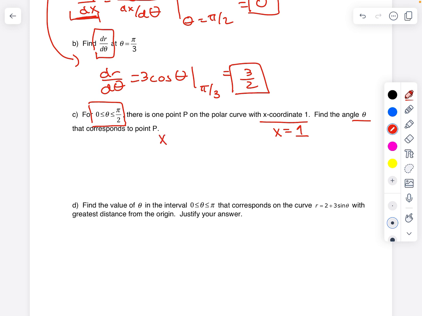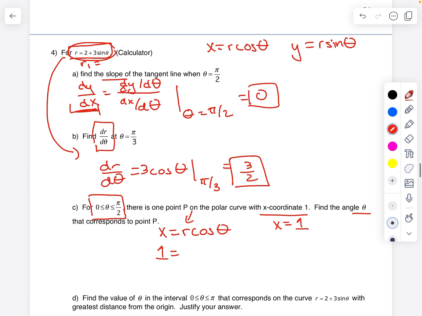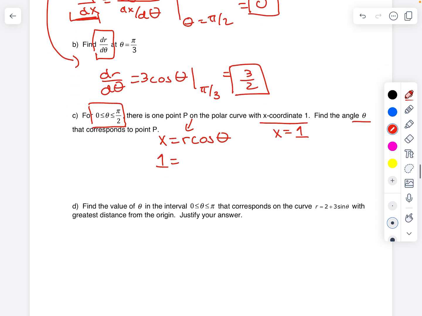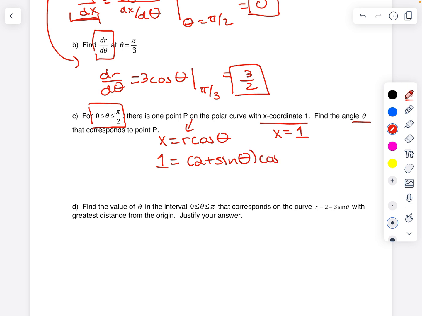The only equation that we know that converts is x equals r cosine theta. So it's telling me that x is 1, I can plug that in. r is your general r equation, which is 2 plus 3 sine theta. And then the cosine is there.